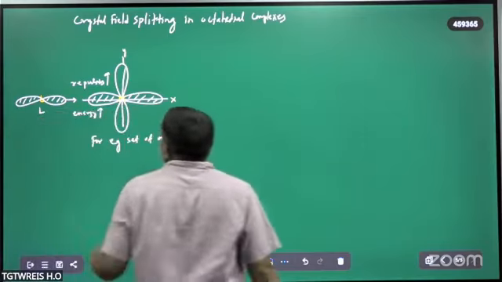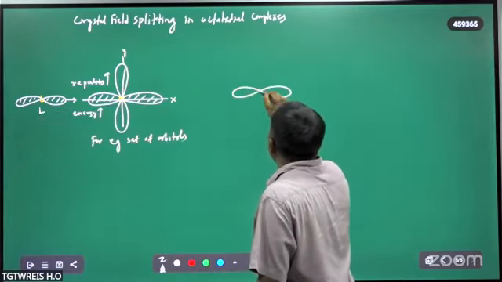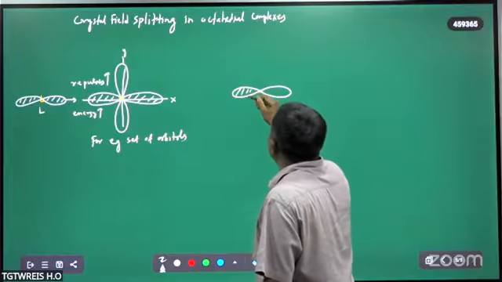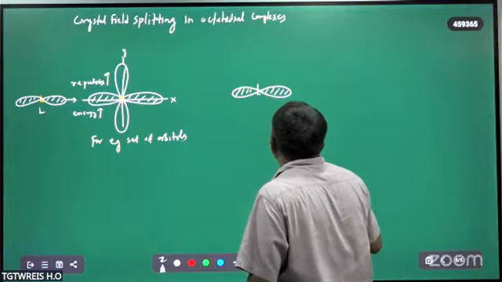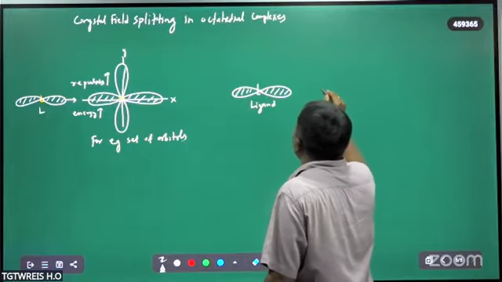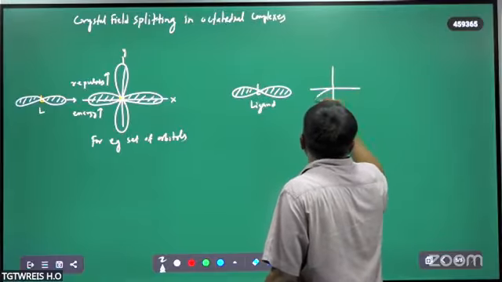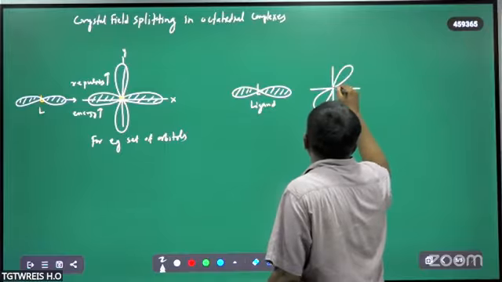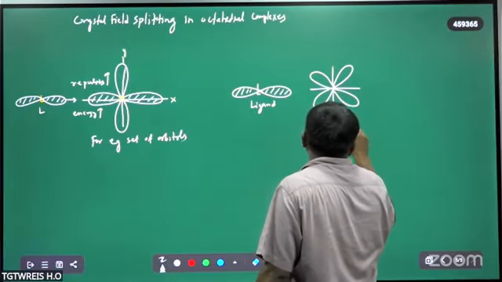Whereas in the case of the T2g set of orbitals, suppose this is the ligand, this is the ligand orbital. And this is the T2g set of orbitals.